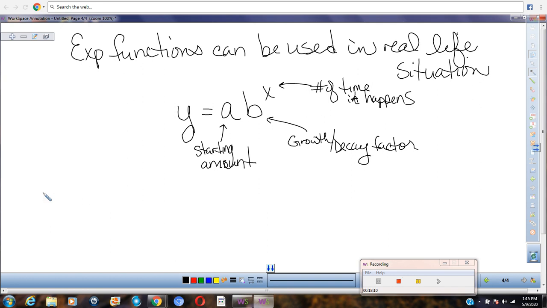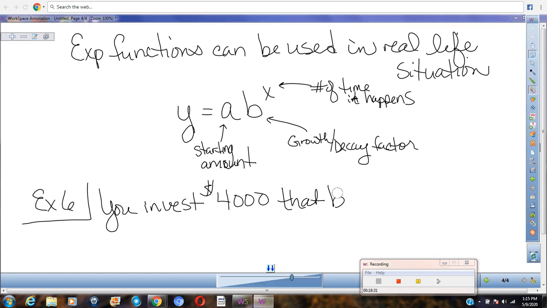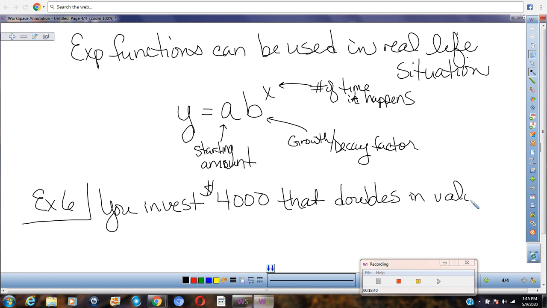So here we go with example 6. You invest $4,000. It'd be great to have $4,000 right now. And that doubles in value every 5 years.